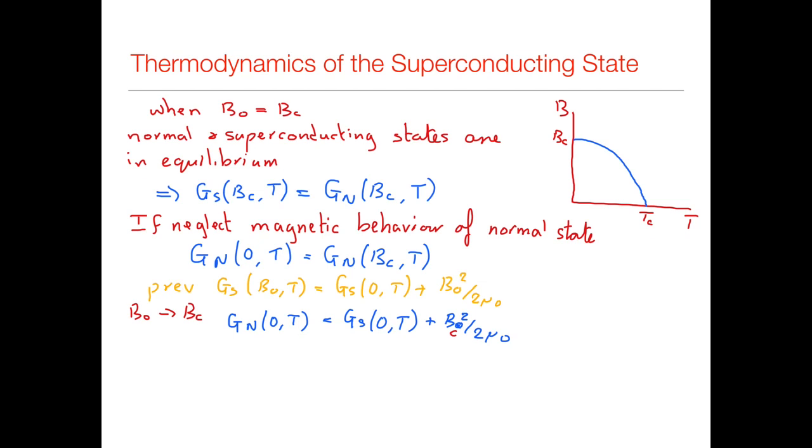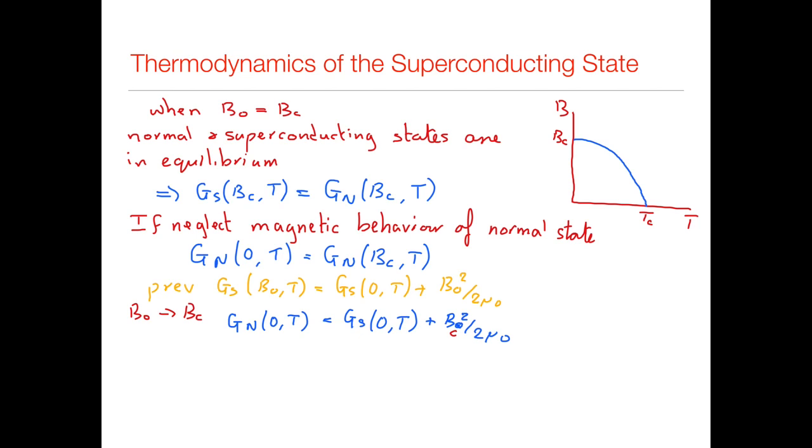Okay. Now this is interesting. So this tells me that the Gibbs energy at no applied field at a particular temperature is equal to the Gibbs energy of the superconducting state plus an energy that must be positive, given by Bc squared over 2 mu naught. So if I was at the transition temperature, for example, then Bc would be equal to 0 and the Gibbs energy of the normal and the superconducting state are the same.